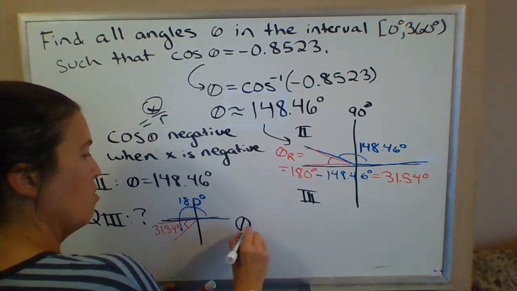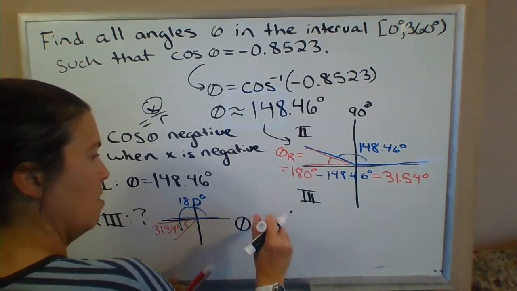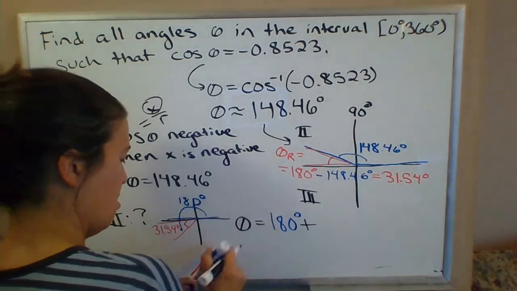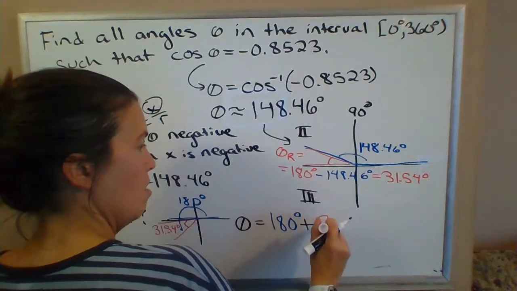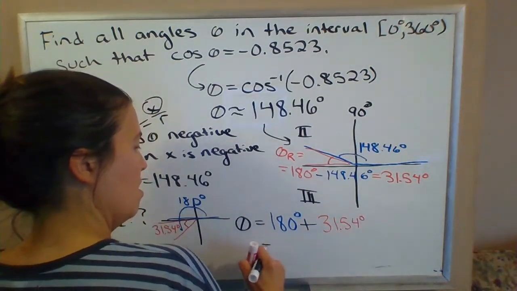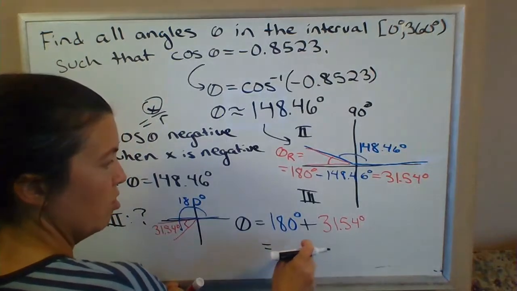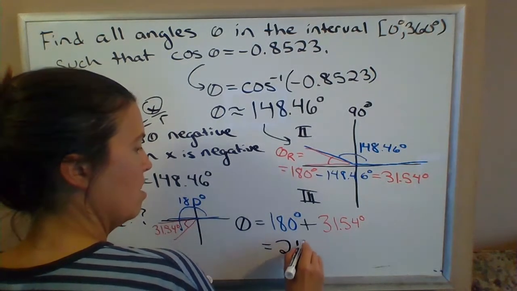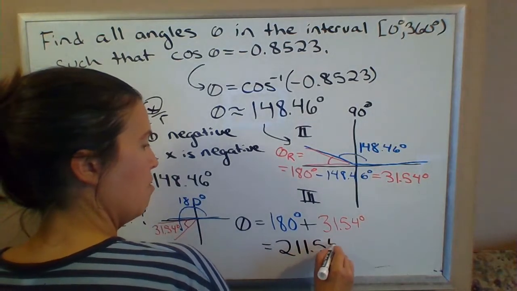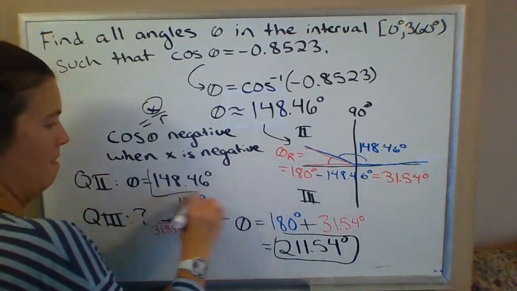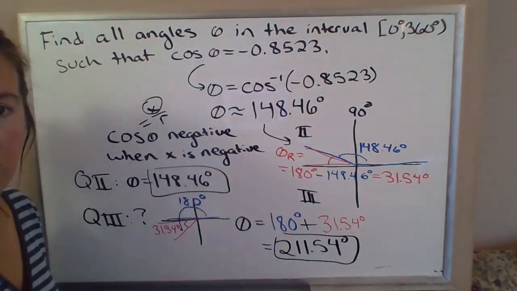So our quadrant 3 solution is 180 degrees plus 31.54. And that gives us our second solution, which is 211.54. And there are our two solutions.